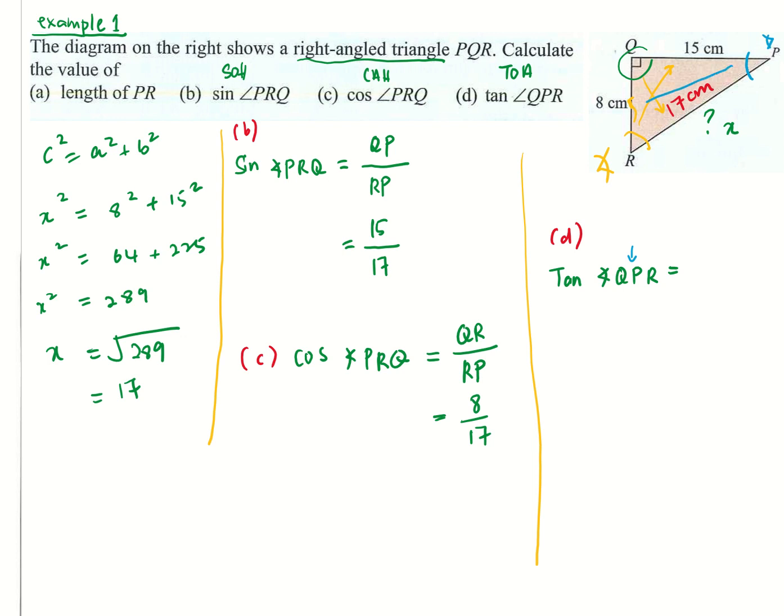The opposite is supposed to be here and this is the adjacent. So opposite is QR, adjacent is QP. So QR is 8 and QP is 15. Okay, done.